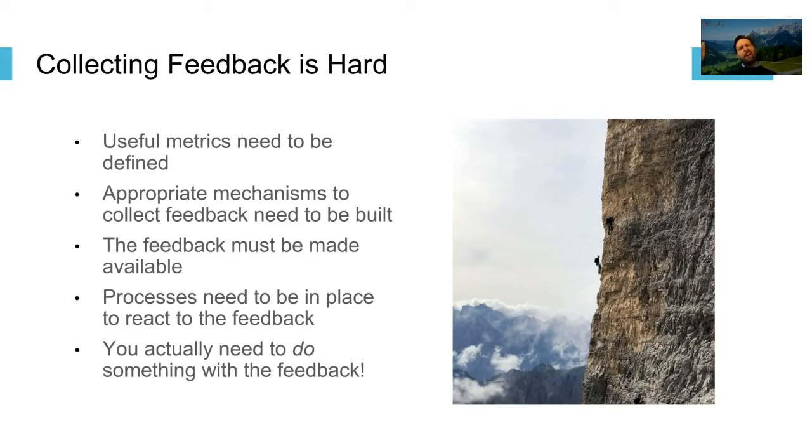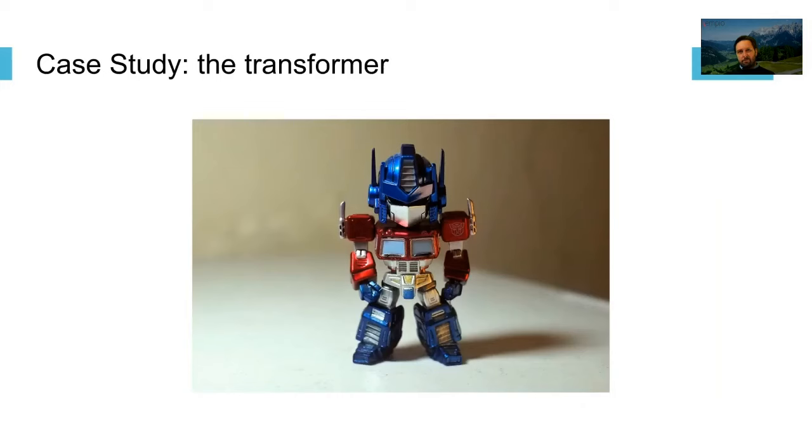And of course, you would say, yeah, that's obvious. And of course, we do that. But there's something that I always have on my mind when I'm thinking about feedback and about agile practices. A couple of years ago, I was able to observe an organization that was building transformers, and they weren't building robotic toys.